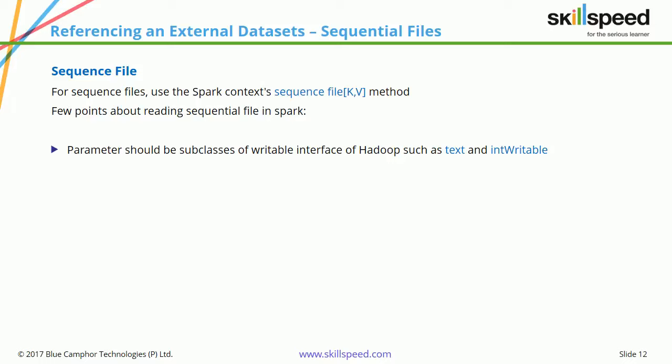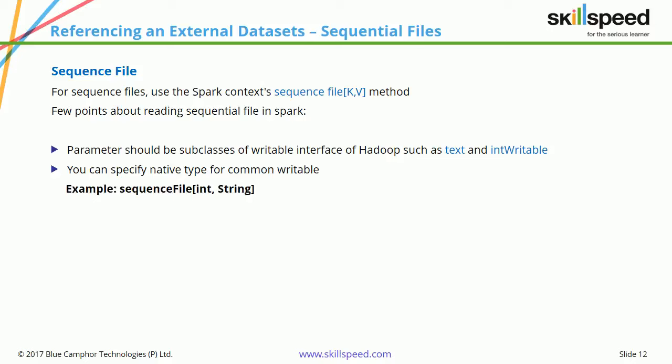If you have gone through MapReduce, you might be familiar with this. You can also specify native types for common writables. So if you are not able to represent it as a subclass, you can simply say sequenceFile with Integer and String, which are native types.